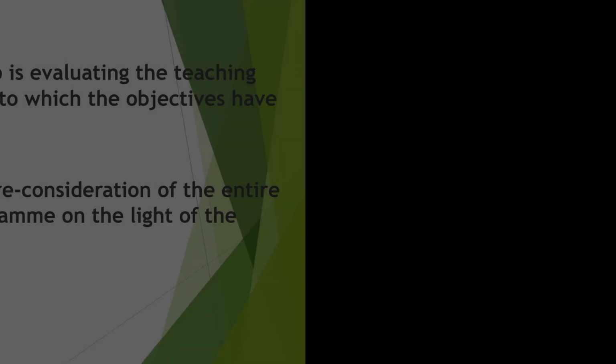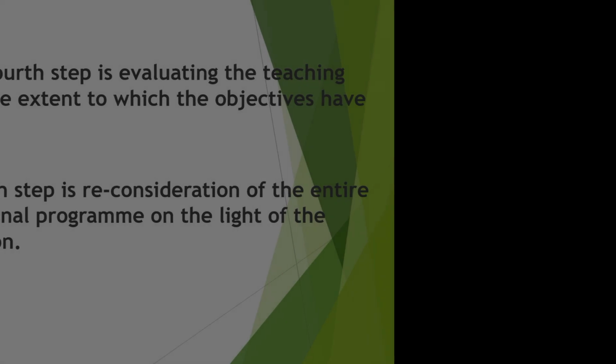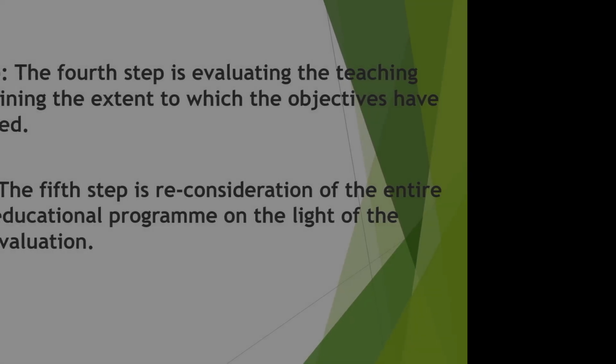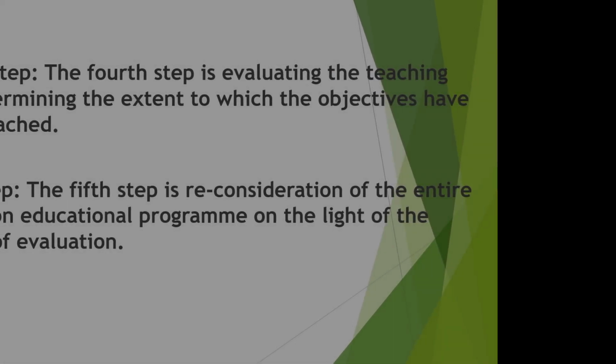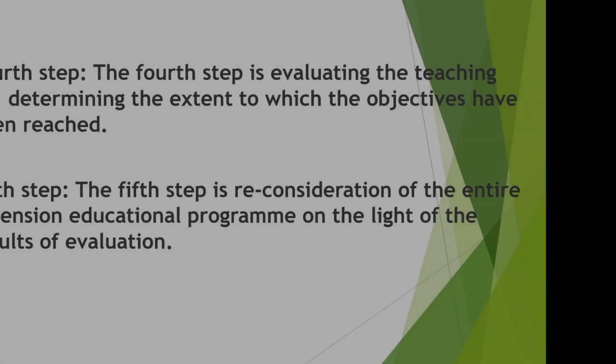The problems identified in the process of evaluation may become the starting point of the next phase of the extension educational program. Remember, we said that agricultural extension is an ongoing process. Extension does not end. Extension does not cease. Until the world ends, extension will continue because we'll keep going for improvement, we'll keep going for advancement.